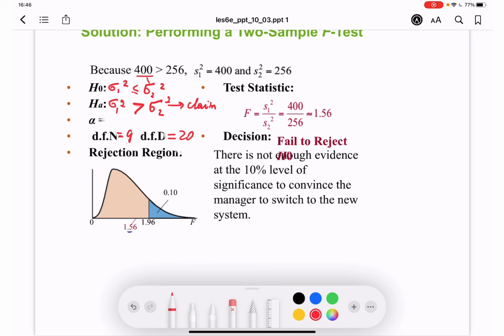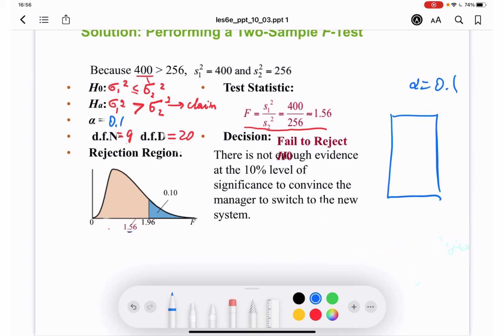The F test statistic is equal to S1 squared divided by S2 squared, which is 1.56. If we go to the table, we also need to find our critical value for alpha equals 0.1, 10%, for a right tail test.